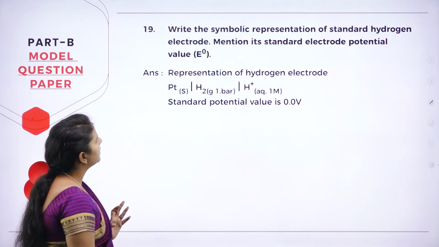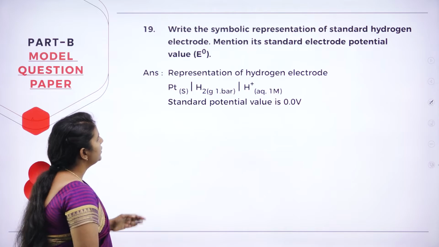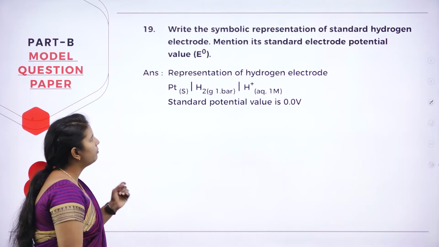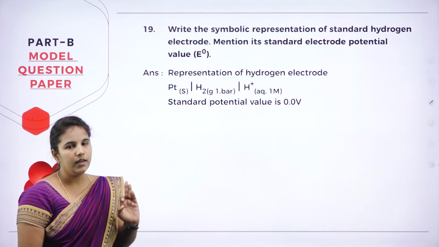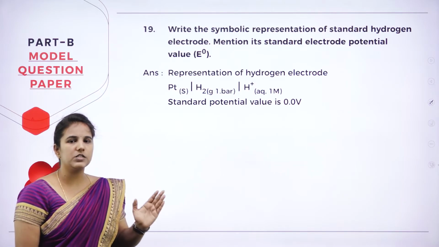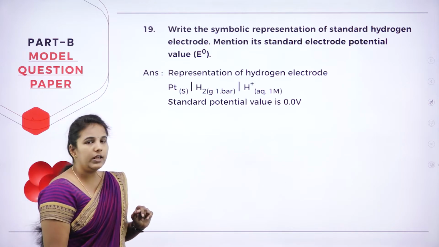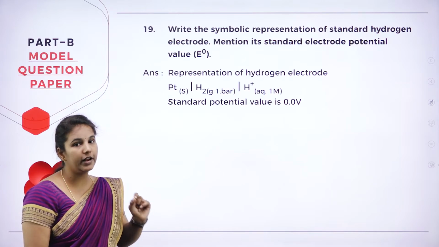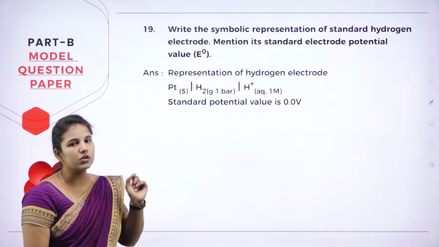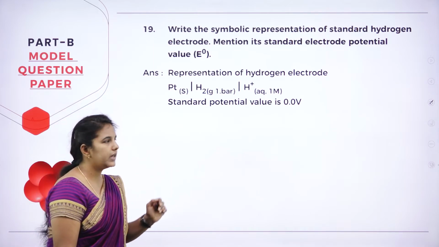Write the symbolic representation of the standard hydrogen electrode and mention its standard electrode potential value, that is the E0 value. This is a question based on electrochemistry, where you have to write the symbolic representation of SHE, the standard hydrogen electrode, and write the value of E0. How do you represent the cell in SHE?